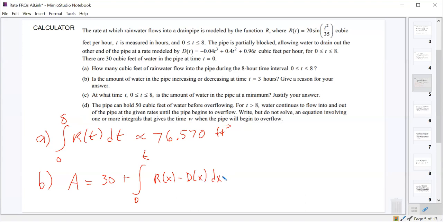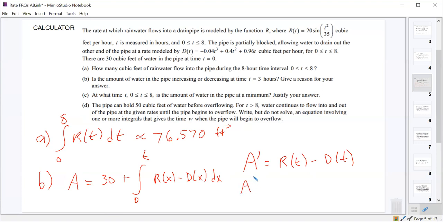Everybody good with that being the amount of water in the pipe at any time? So we want to know if this function is increasing or decreasing. How do you determine if a function is increasing or decreasing? Take its derivative. The derivative is r of t minus d of t.